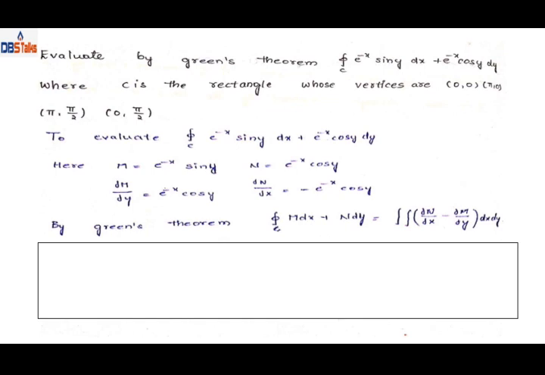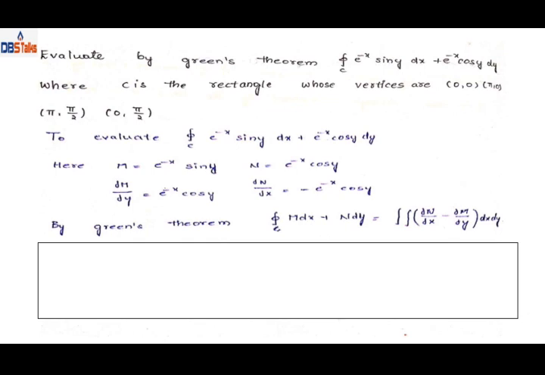So ∂M/∂y equals e^(-x) cos y. And ∂N/∂x equals: cos y is constant, and the differentiation of e^(-x) is e^(-x) into minus 1. So ∂N/∂x equals minus e^(-x) cos y.